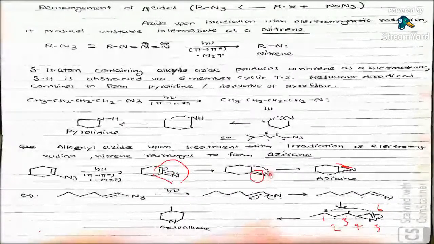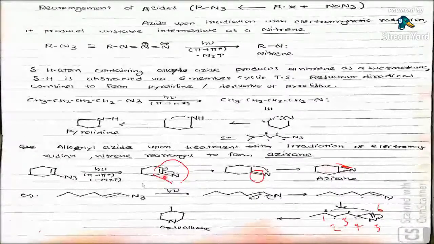One radical remains there, and this bond will again get one radical at this position. As a result they can combine. So these two radicals will combine and generate the structure called the azirine. So here the internal double bond has been converted to the outer double bond for azirine. So C double bond N, and this is the CN group. So this structure is called the azirine structure.